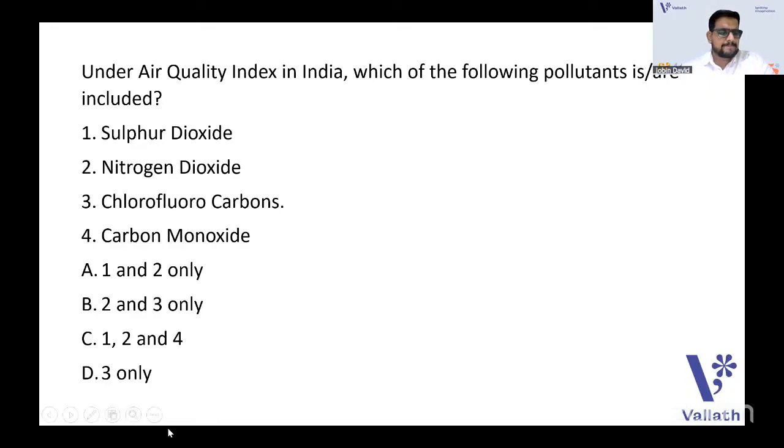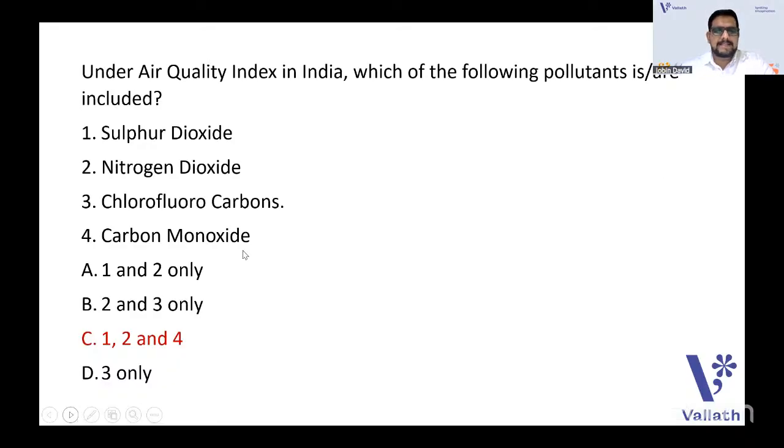Chlorofluorocarbons are not directly included in the air quality index. They deplete the ozone layer and affect the air indirectly, but directly we are not considering chlorofluorocarbons as a pollutant in the AQI. So the answer is sulfur dioxide, nitrogen dioxide, and carbon monoxide.